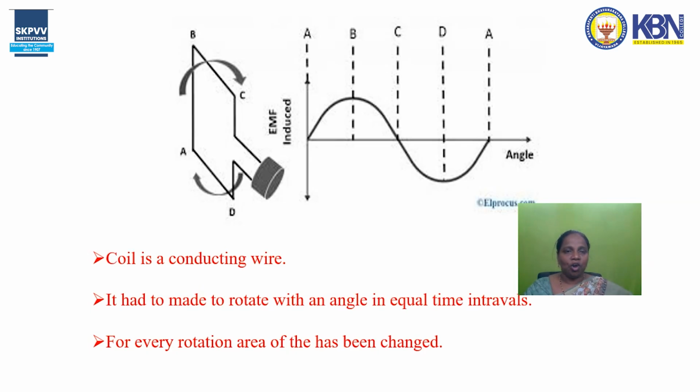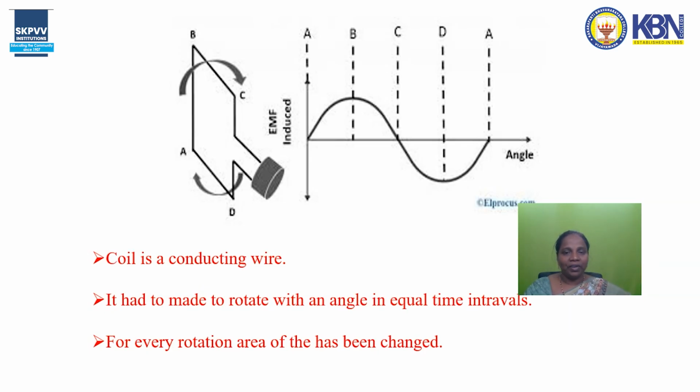Electromotive force of the coil is nothing but the generation of current. There is a standard relation between the electromotive force and the flux changes, given by Faraday's law of electromagnetic induction.